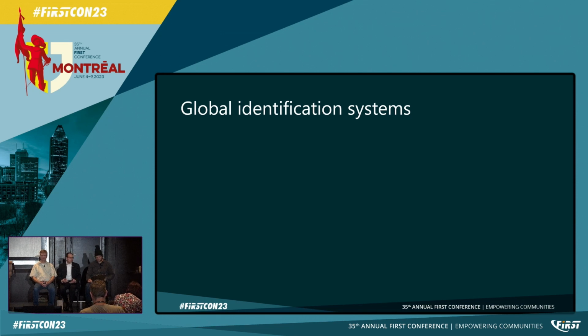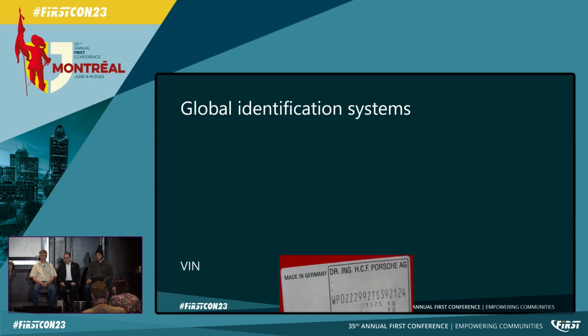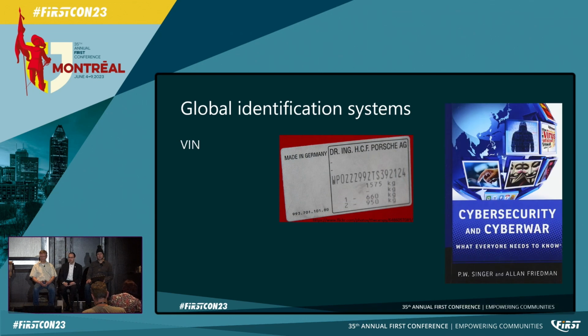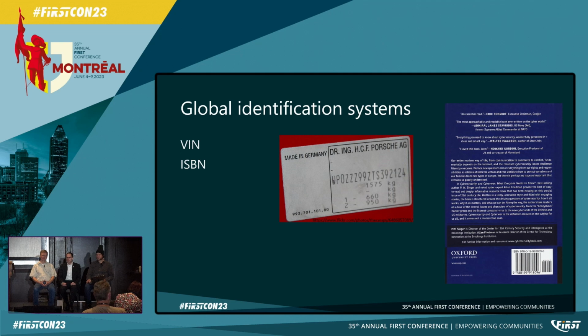We know that global identification systems exist around the world, and some of them have solved some problems, like car identification. There is a vehicle identification number. Or if we want to buy a book, say the famous book by our friend Allan Friedman, Cybersecurity and Cyberwar, we look at the backside and we see an ISBN.